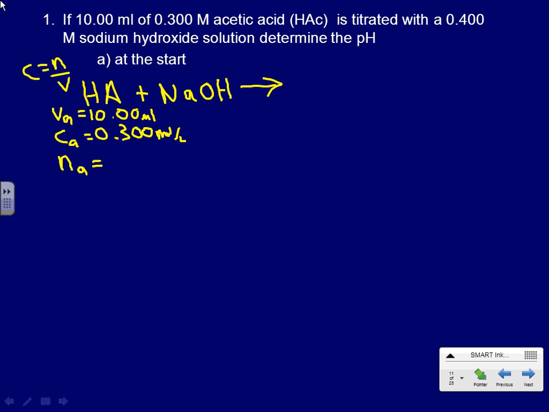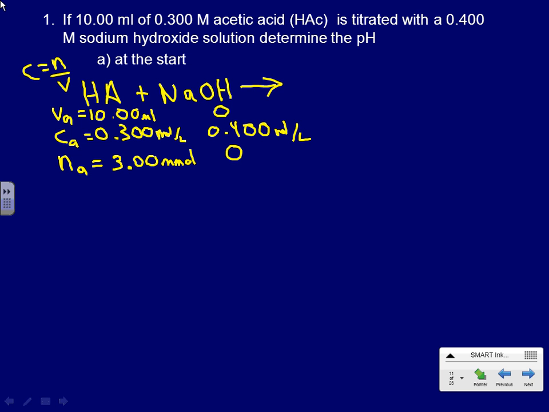And what you're going to get here is 3.00 millimoles. So I have 3.00 millimoles of acid in that particular solution. At the start, there are 0 moles of sodium hydroxide. The concentration is 0.400 moles per liter, but it doesn't matter because the number of moles that have been added is 0.